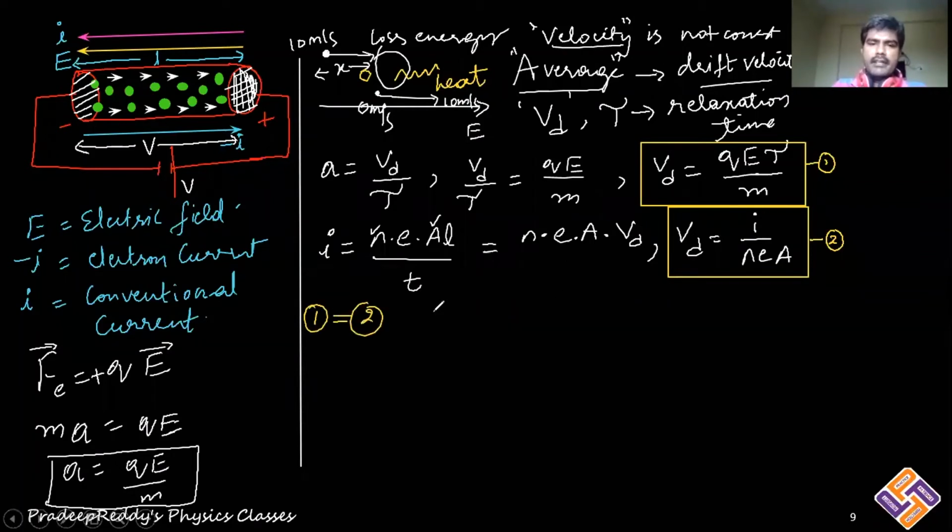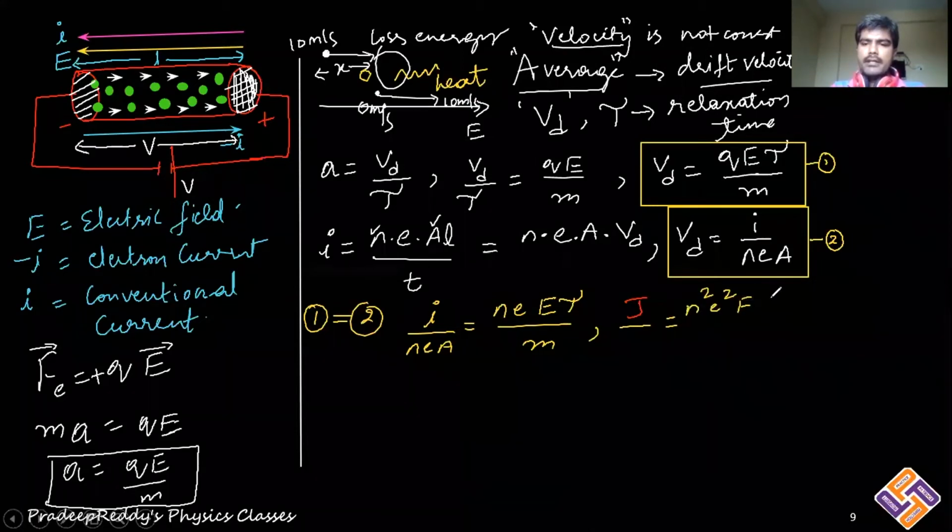So I by nEA is equal to q, which can be written as nE, into capital E tau divided by m. What is I by A? I by A is the current density J. I by A, I am writing as J by nE. nE, I am bringing to the other side: n squared e squared E tau divided by m.